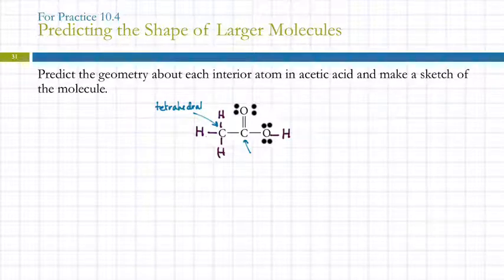Nope. So that is trigonal planar. And then the oxygen. How many groups? There's 2 lone pairs, a total of 4 groups, right? So 4 groups would be tetrahedral, but 2 of those are invisible, so what we have left is bent.